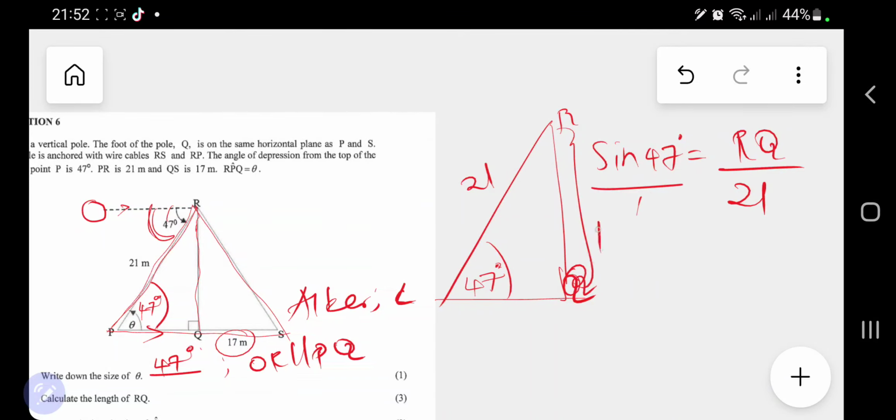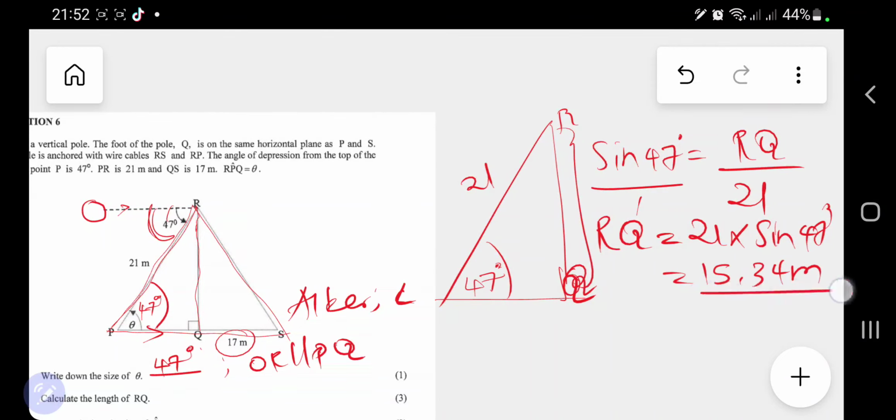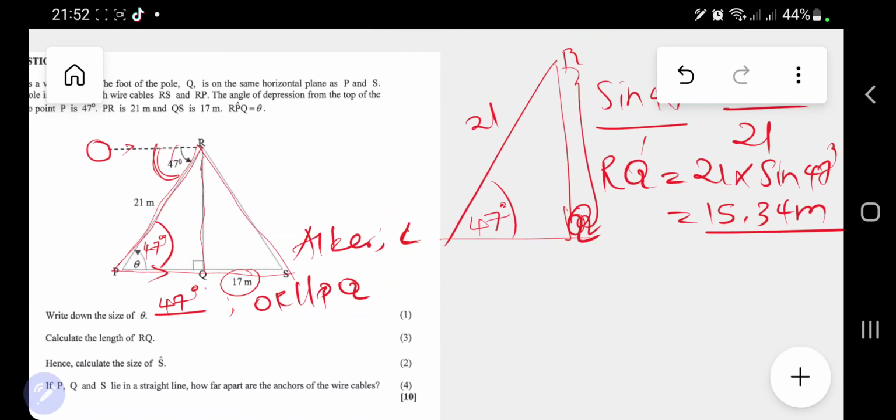Cross multiply: RQ equals 21 multiplied by sine of 47 degrees, which is 15.34. So RQ is 15.34 meters. We got 1 mark and also 3 marks.